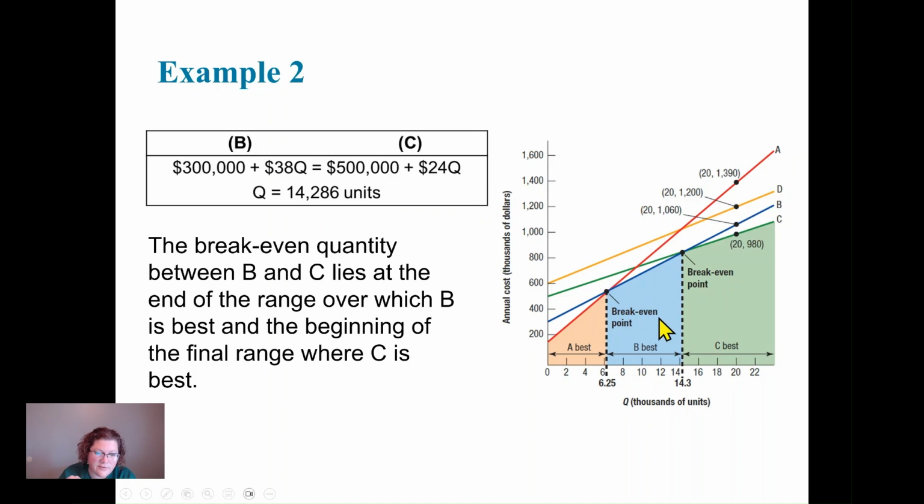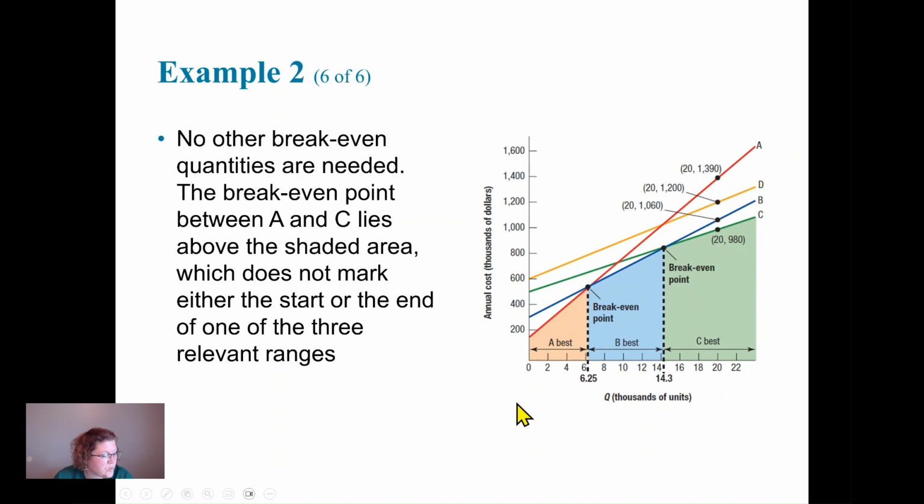So that is the break-even volume from changing my decision from option B to option C. Now, as we can see, based on the slope of the line, option C will be my best choice in terms of cost for any volume above 14,286 units, which is why no other break-even quantities are needed, because I know I'm either going to choose A, B, or C based on my expected demand.